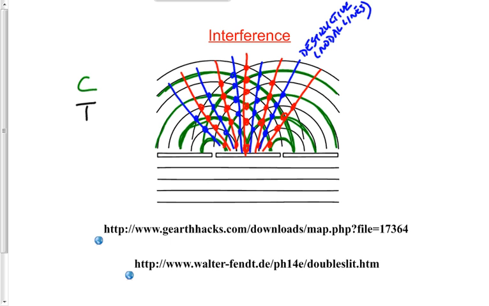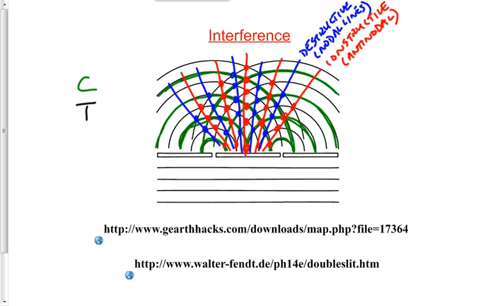The areas of constructive interference, where a crest meets a crest or a trough meets a trough, and we get either a bigger crest or a bigger trough, we call constructive interference. And we call them antinodal lines.